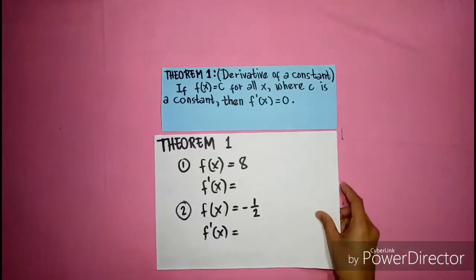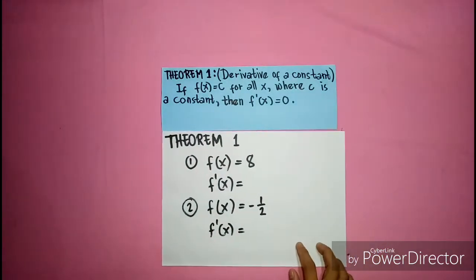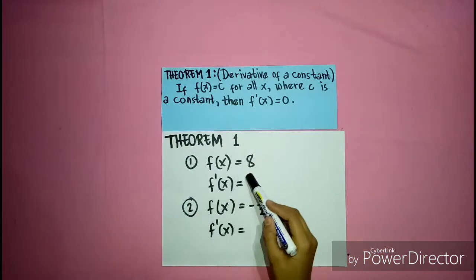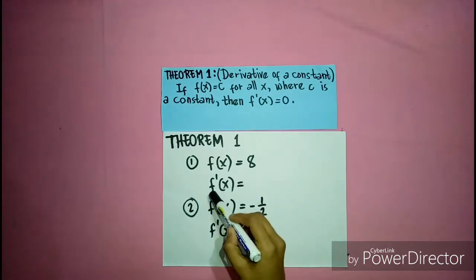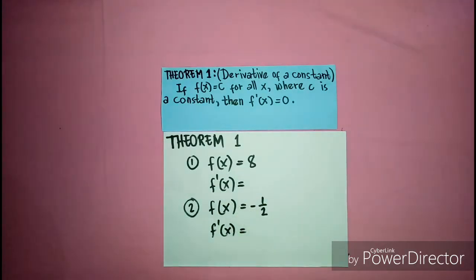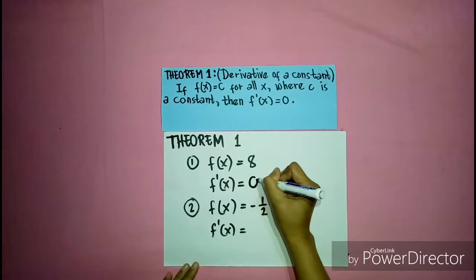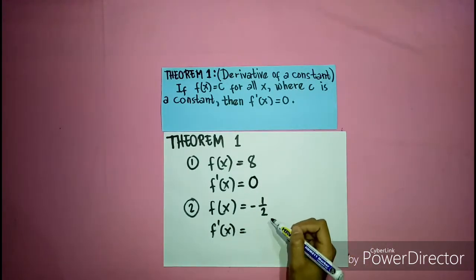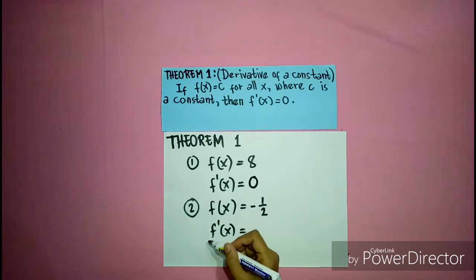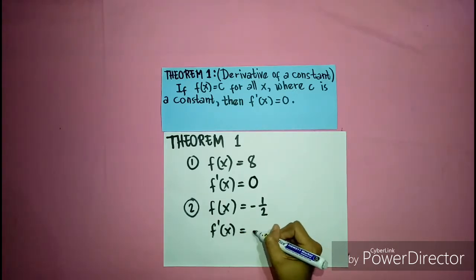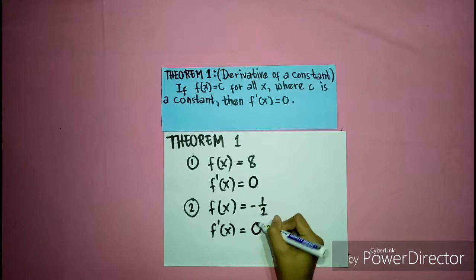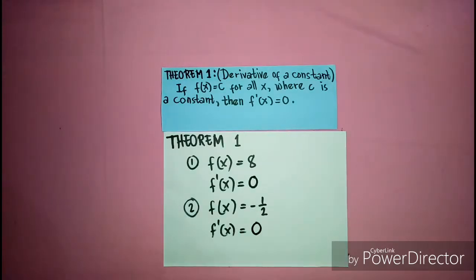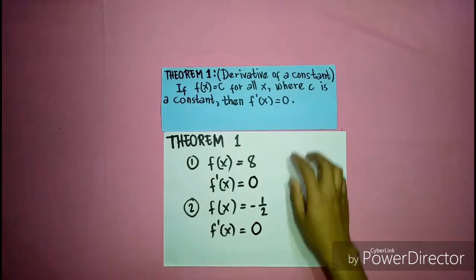Applying this theorem, number 1, f of x is equal to 8, then f prime of x is equal to 0. Number 2, f of x is equal to negative 1/2, then f prime of x is equal to 0. In short, the derivative of a constant is just equal to 0.